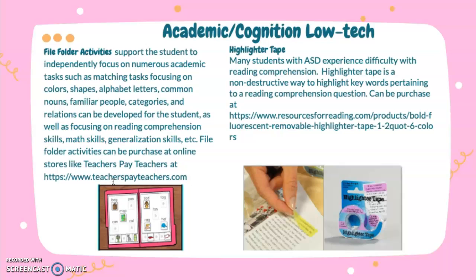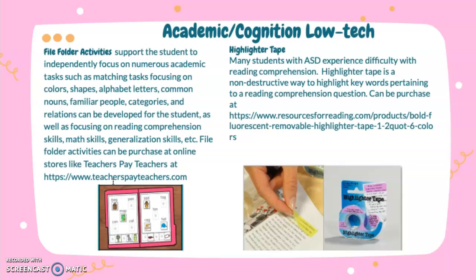File folder activities support the student to independently focus on numerous academic tasks such as matching, focusing on colors, shapes, alphabet letters, common nouns, familiar people, categories, and relations can be developed for the student, as well as focusing on reading comprehension skills, math skills, and generalization skills. File folders can be purchased at online stores like Teachers Pay Teachers.